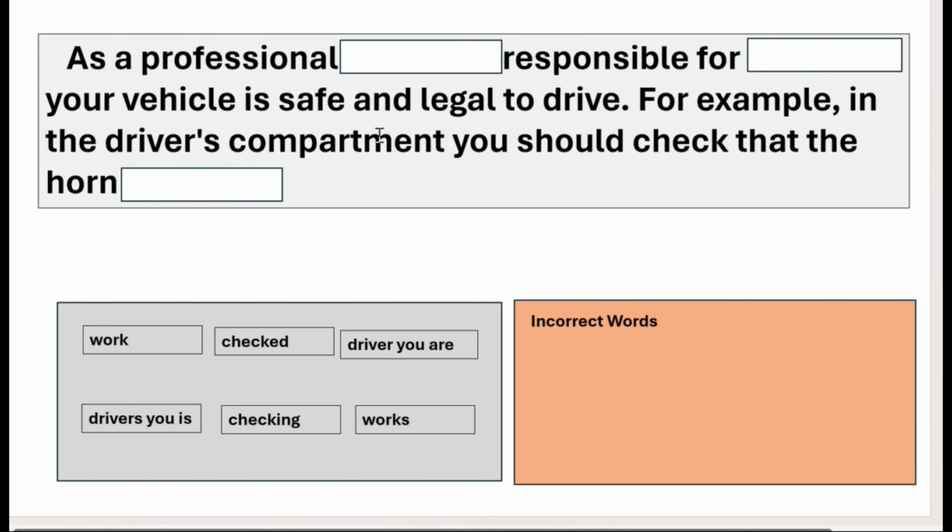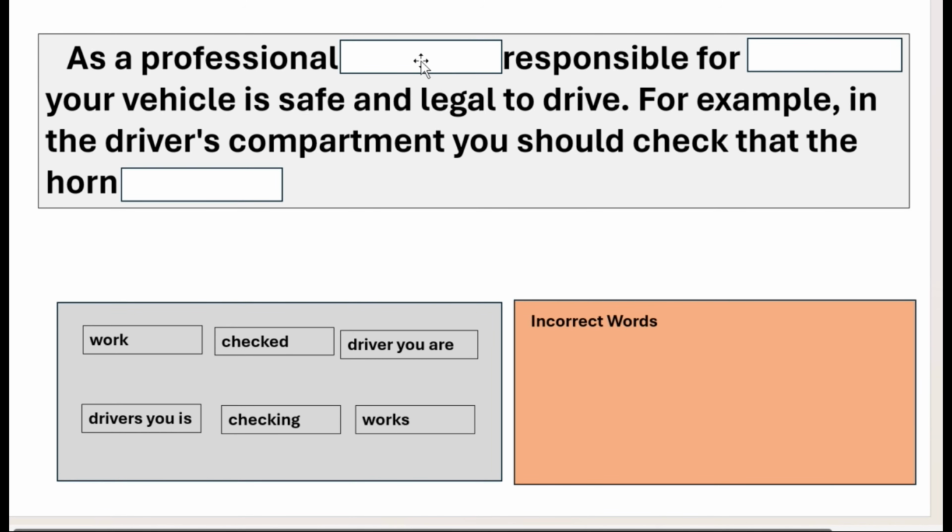Okay, as a professional gap responsible for gap your vehicle is safe and legal to drive. So we need to finish it. We don't need to read this. We'll read after finishing this. As a professional, what can you say? As a professional, what professional?